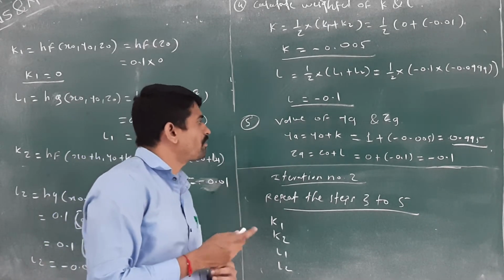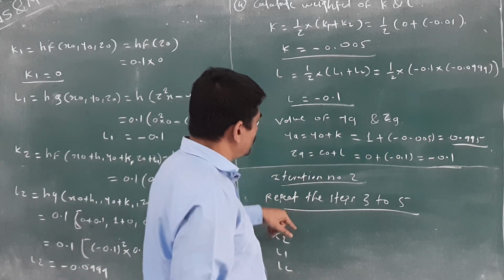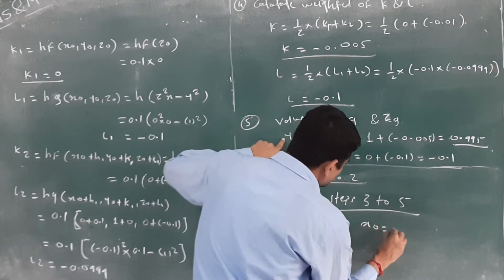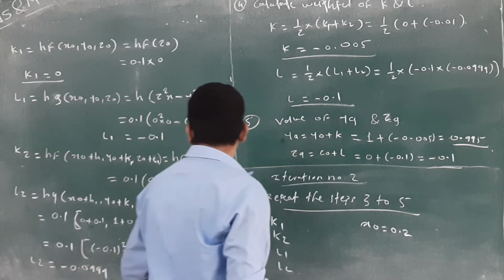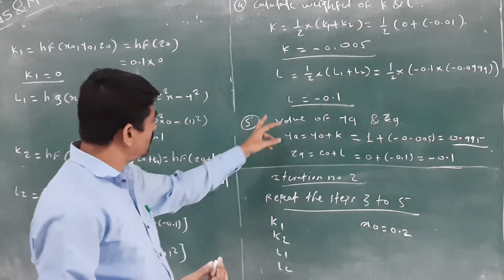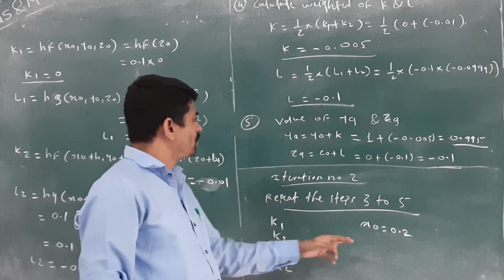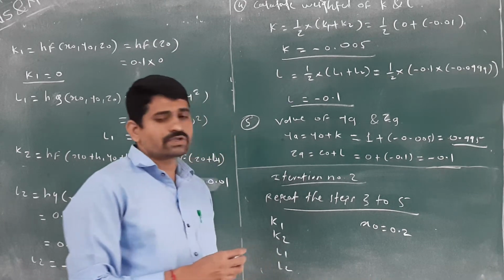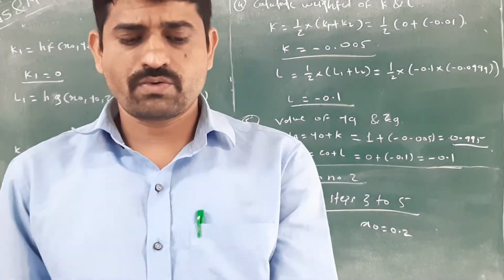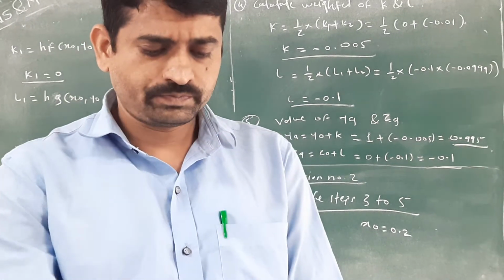What is the value of y0? What is the value of x0? When you calculate the equation number 2, x0 is 0.2. The increment given in the problem statement is 0.1. We have calculated that value for 0.1, but we want to calculate the value for x0 equal to 0.2 in iteration number 2.